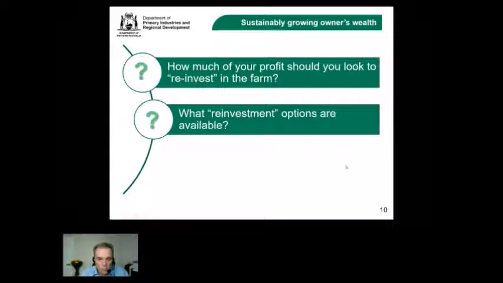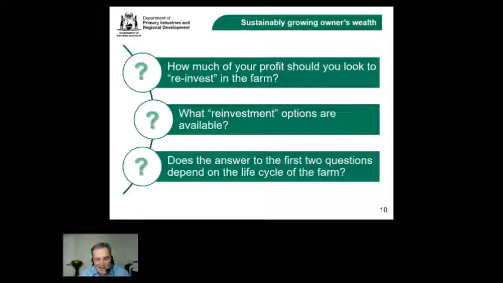So these are important decisions to make, and we need to make short-term decisions that align with our long-term goals. And how you make those decisions is going to depend upon your risk profile, your preferences, your situation, but it's also going to be very dependent upon the life cycle of your farm.